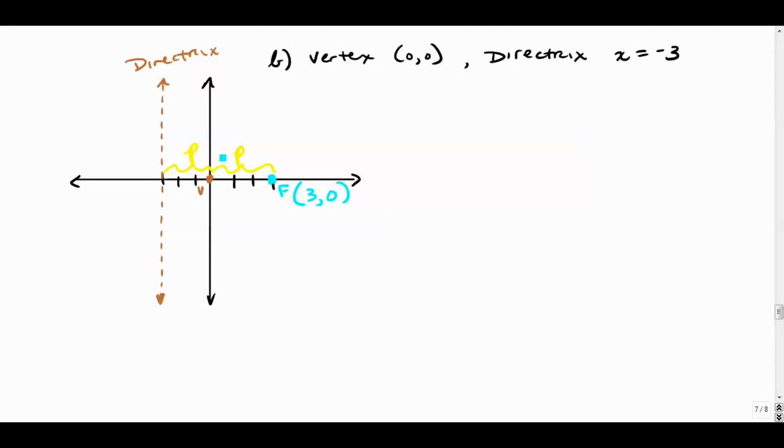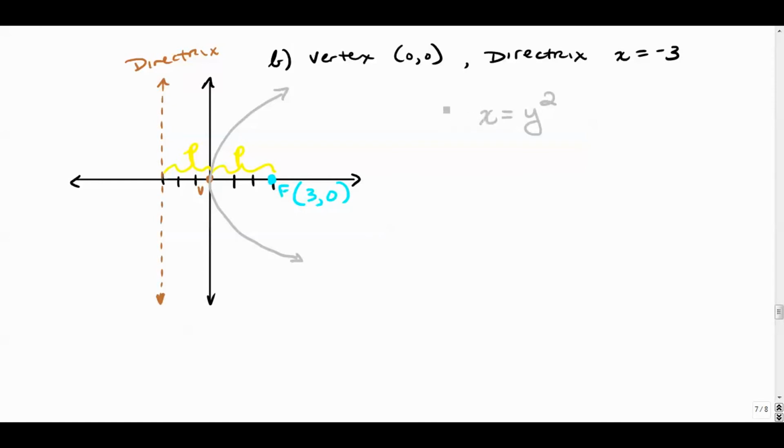Remember, your p-value is the distance that your focus and your directrix are away from your vertex. So the focus is always on the inside, so this parabola is going to curve like this. And when it curves like that, you know it's of the form x equals y squared. That's the general form of sort of the parent parabola that is situated at the origin and facing to the right.